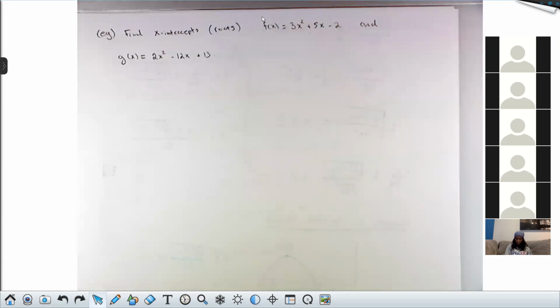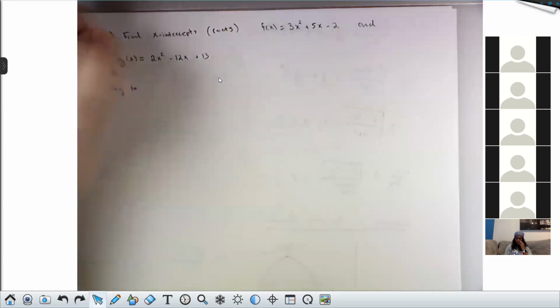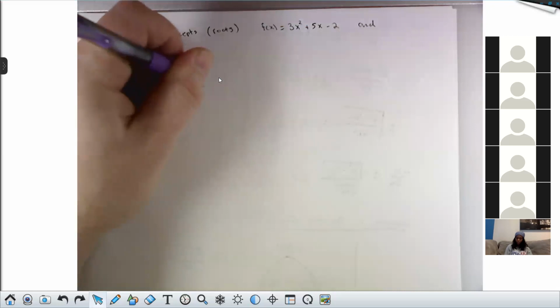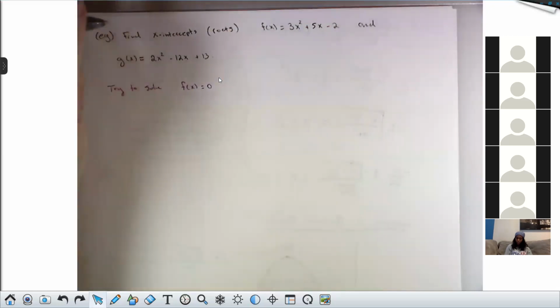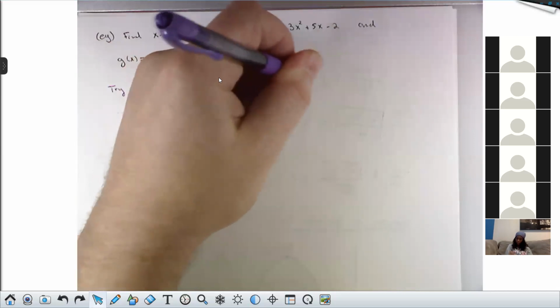For both of these, if we want to find the x-intercepts, we're trying to solve the equation f of x equals 0. And for the other guy, we're trying to solve the equation g of x equals 0.